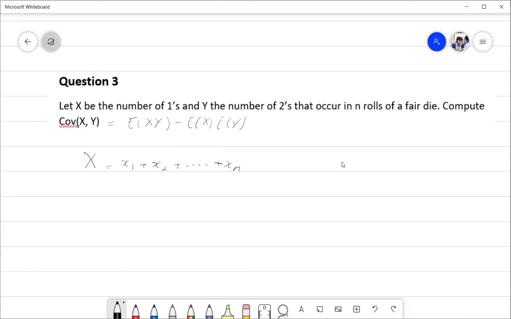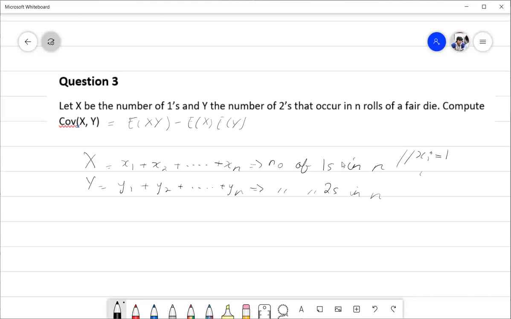The sum of this will denote the number of ones I've gotten in n rolls. Likewise, capital Y will be Y1 plus Y2 plus up to Yn, and this will be the number of twos in n rolls of the die, right?